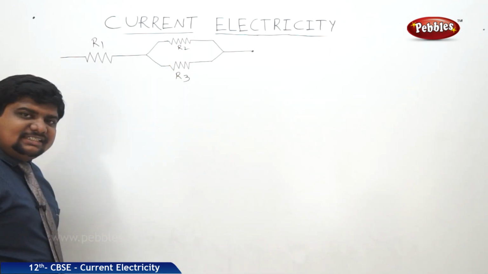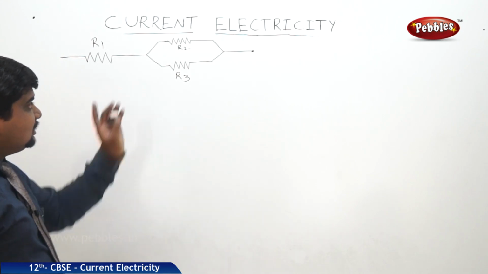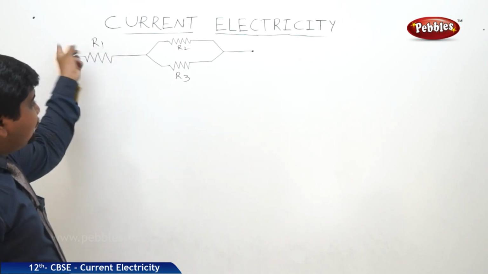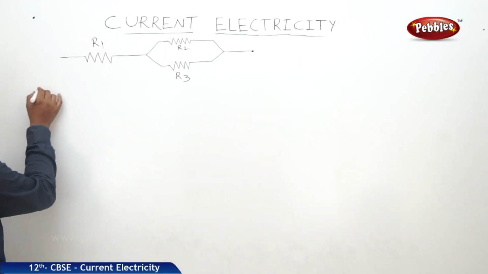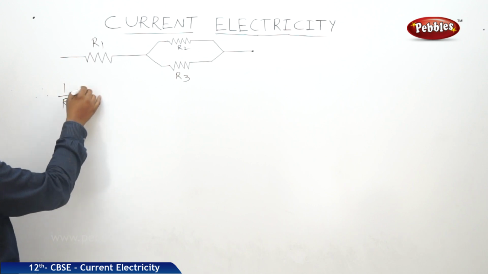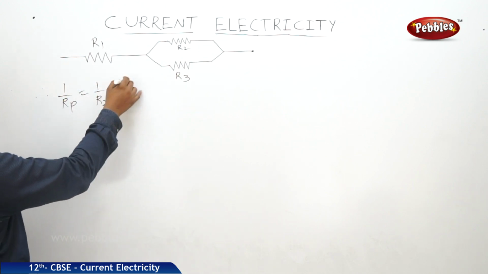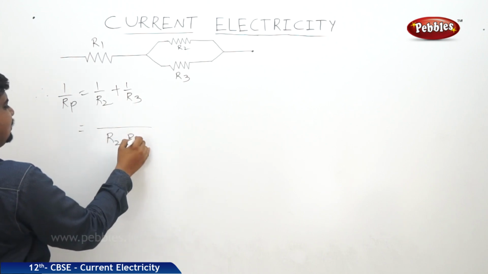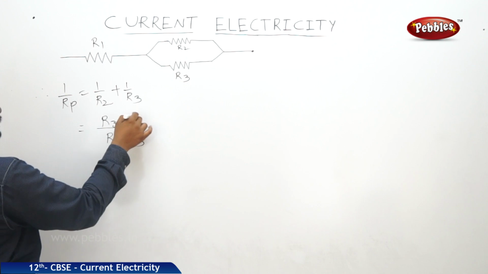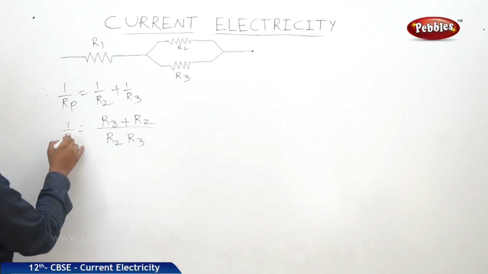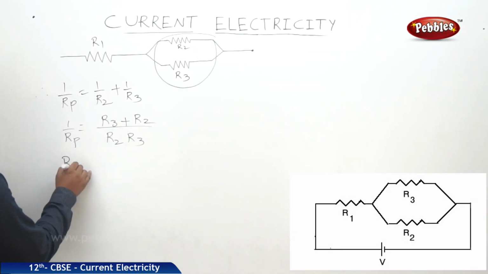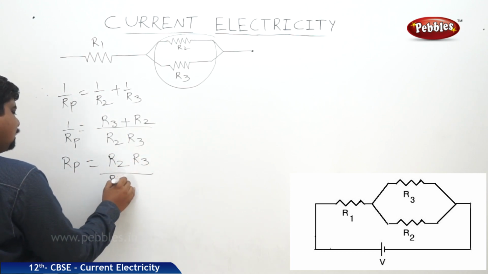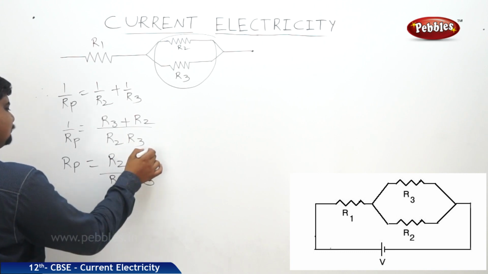What is the effective resistance and effective current in this setup? Here R2 and R3 are in parallel combination, R1 is in series. So, first find out 1 by Rp is equal to 1 by R2 plus 1 by R3. R2 R3 is the LCM. You will get R3 plus R2 by R2 R3 is equal to 1 by Rp. Therefore, Rp is equal to R2 R3 by R2 plus R3.